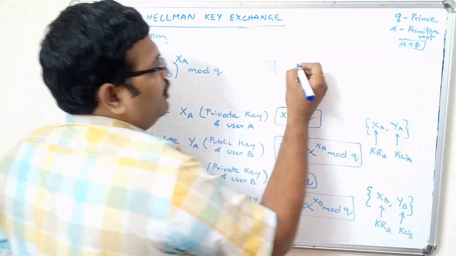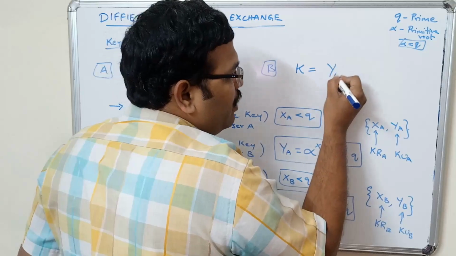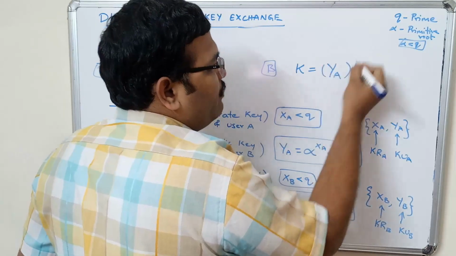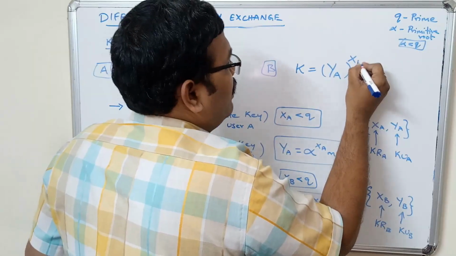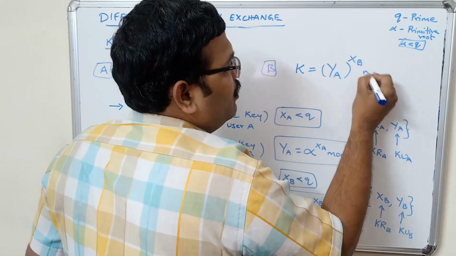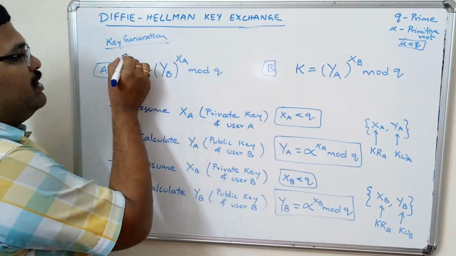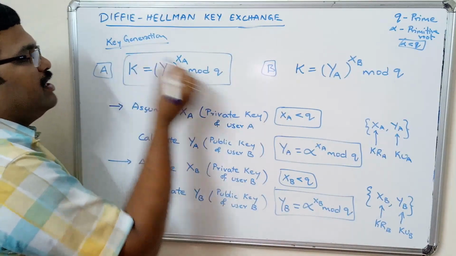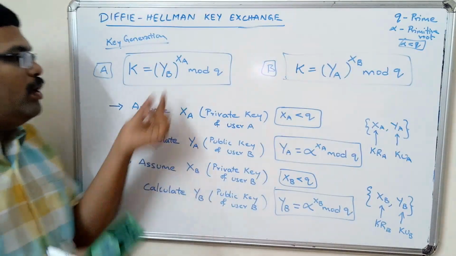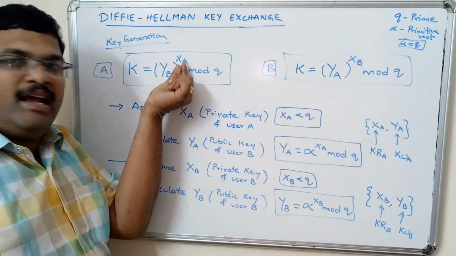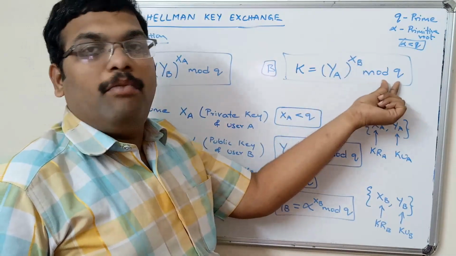Here also, the secret key K is equal to the public key of the sender power the private key of the receiver mod Q. So this is the calculation of key generation. So K is equal to YB power XA mod Q. K is equal to YA power XB mod Q.